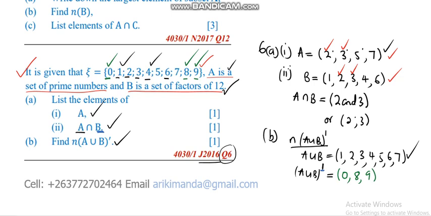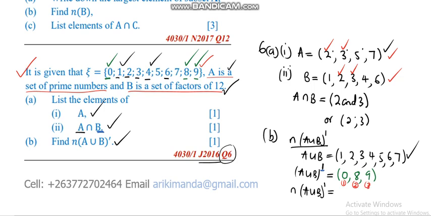And the final part of our question is an n. n simply means number of elements. It means the number of elements in the A union B complement. We are now going to count our elements. So this will be our 1, this will be our 2, this is our 3.